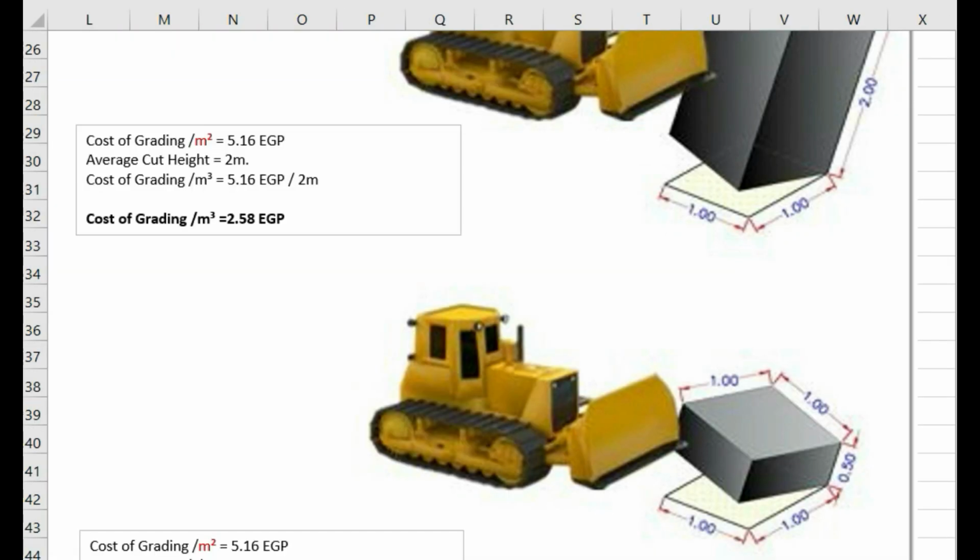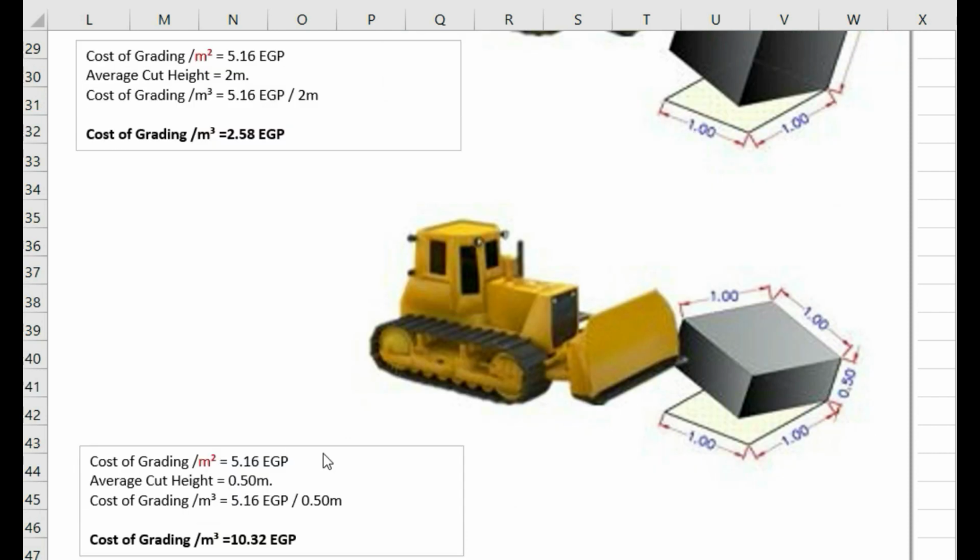The conclusion here, we have to be careful in grading cost calculation, especially when the height of cut is less than 1 meter in this case. Somebody can ask, from where can I get the height of cut? It's an amazing question.